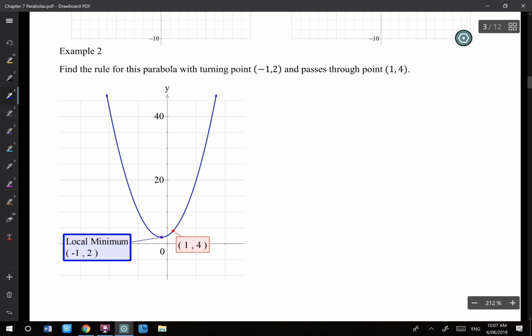Okay, for this type of question, asking us to find equations, when the turning point is given, we need to use the turning point form.